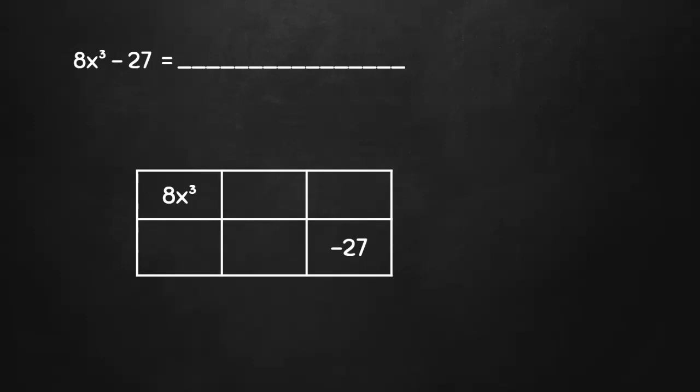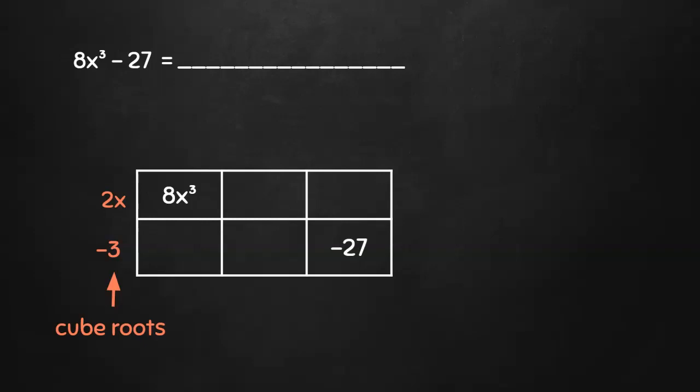So what I'm going to do is put the cube roots on the left-hand side of the box. So the cube root of 8x cubed is 2x, and then the cube root of negative 27 is a negative 3. So once I have the left-hand side of my box filled out, you can then play like a Sudoku puzzle and figure out what goes in the remaining top columns or in the inside of my box.